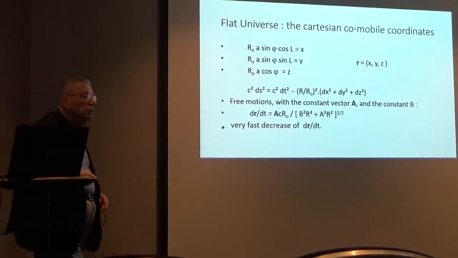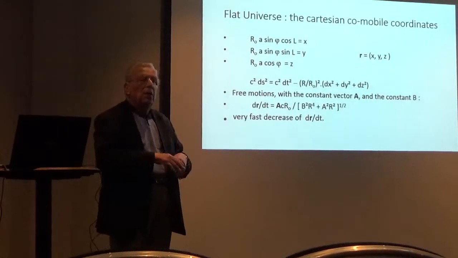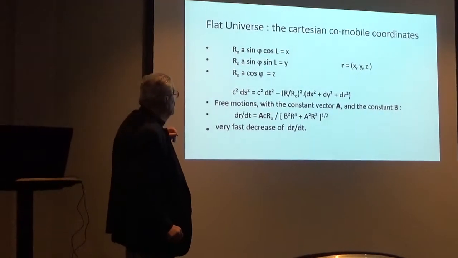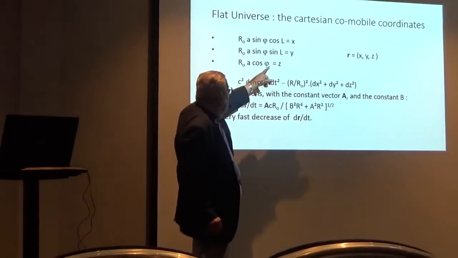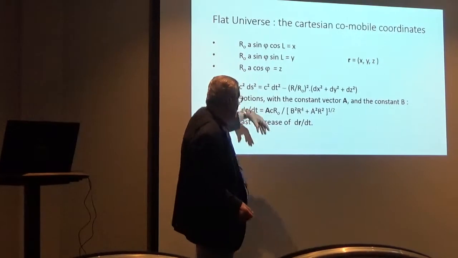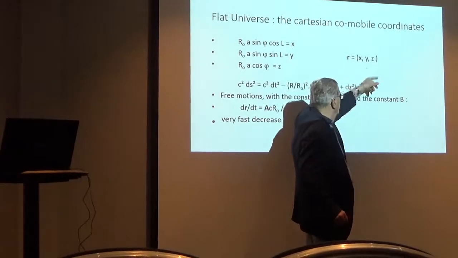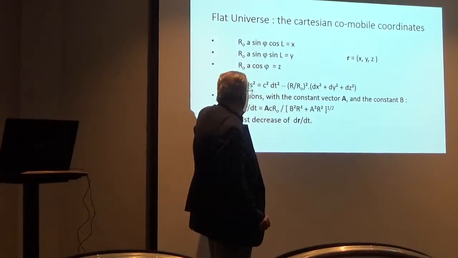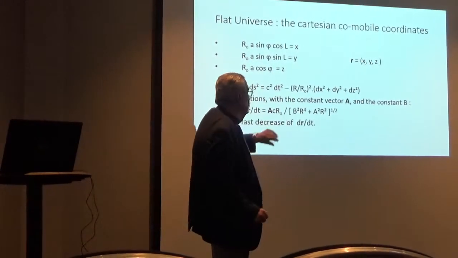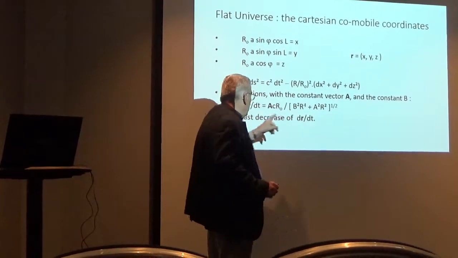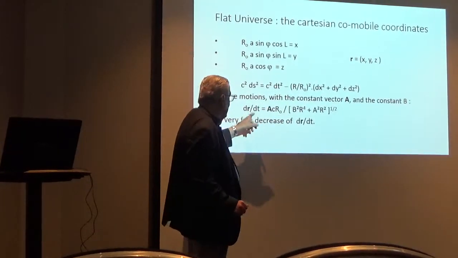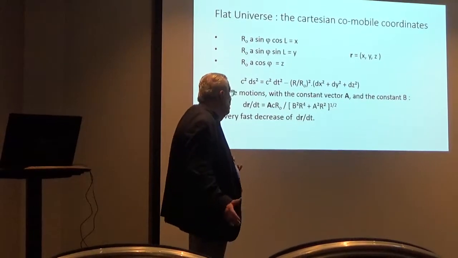So we will do the analysis in a flat universe, but it's very close to that analysis for the other cases. In that case, the comoving Cartesian coordinates x, y, z are given by this expression, and the vector r is x, y, z. The expression of the metric of the universe is given by this, and the free motion with constant vector r and constant b is given by that. So the vector r has an evolution given by this expression.